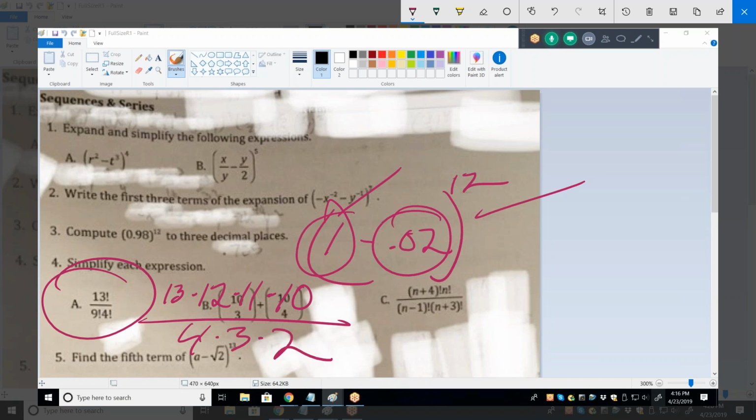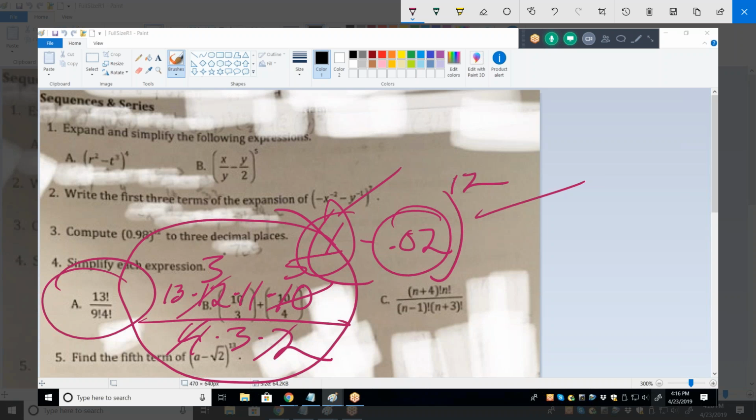Now you can just cancel that and put a 3. You can do that and put a 5. In other words, you can divide top and bottom by the same number to simplify it further. That's right. And just multiply it out.